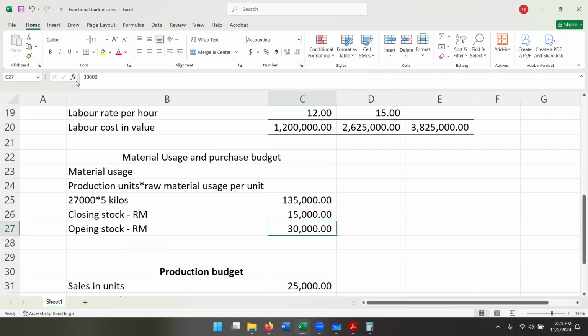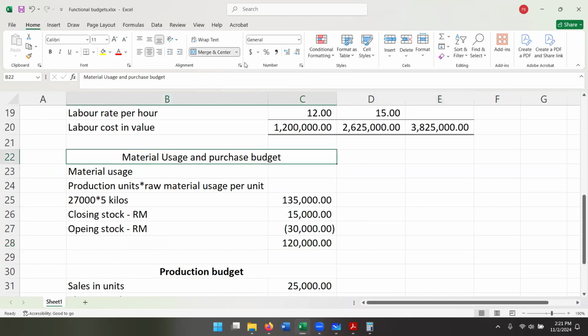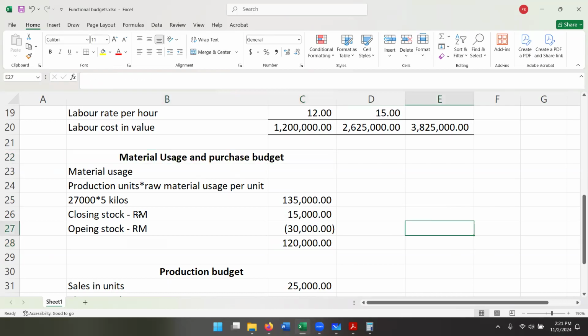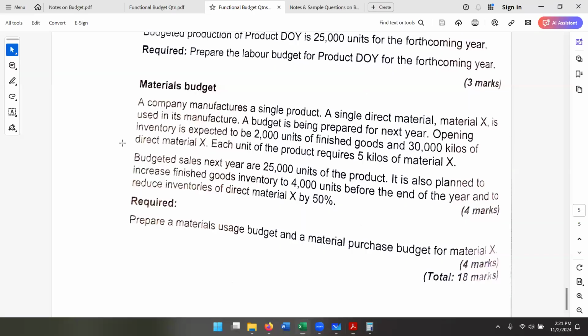The opening stock should be in brackets. So we can net these off, and this will be our material purchase budget: 120,000. So we need to buy a material quantity of 120,000.